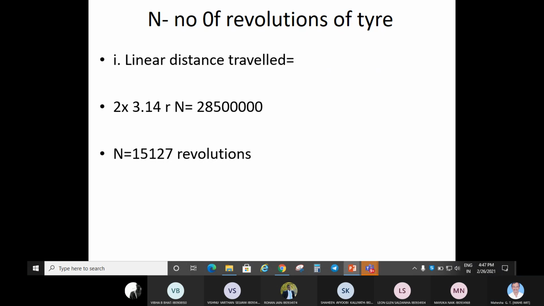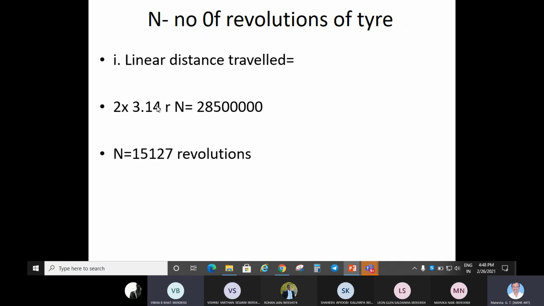15,127 roughly. Then what is the correct one? You had to keep 0.3 for the first case, 0.3 radius. Vishnuvardhan, the answer for passenger car comes up to like 1.51 lakhs, how is that? 19,720, is it so?